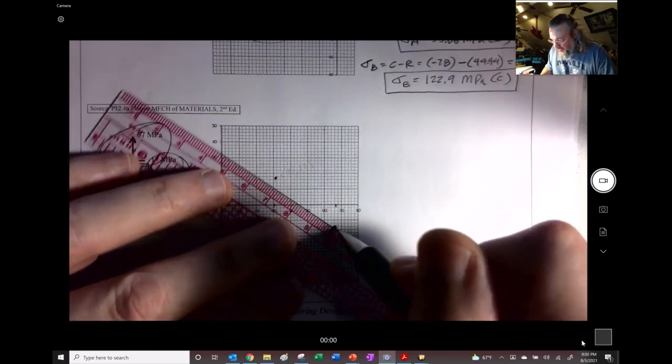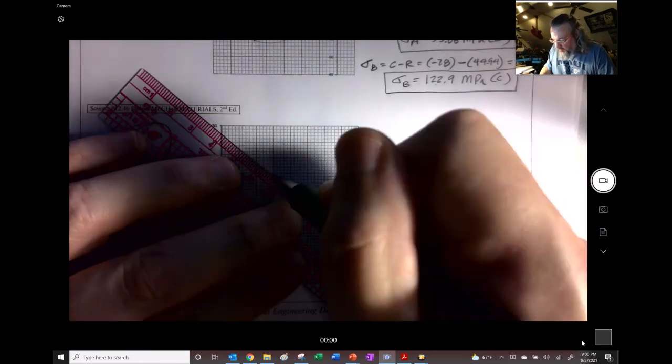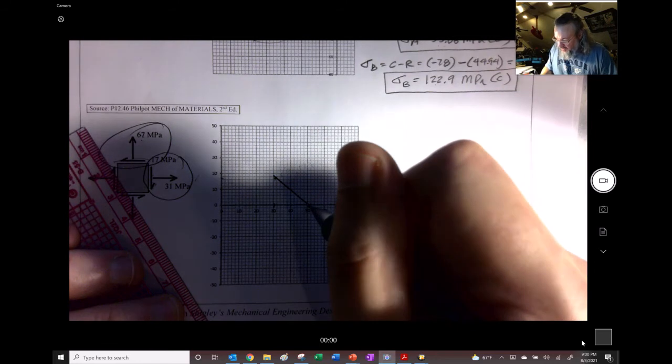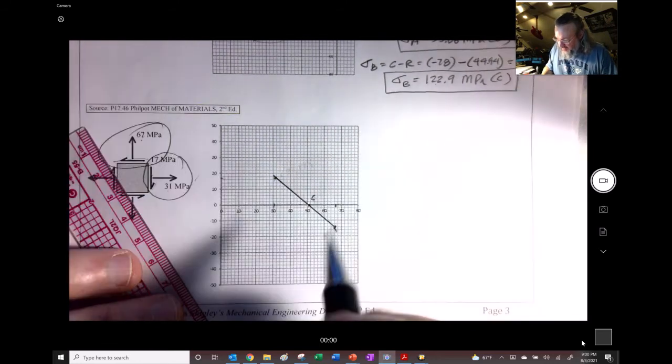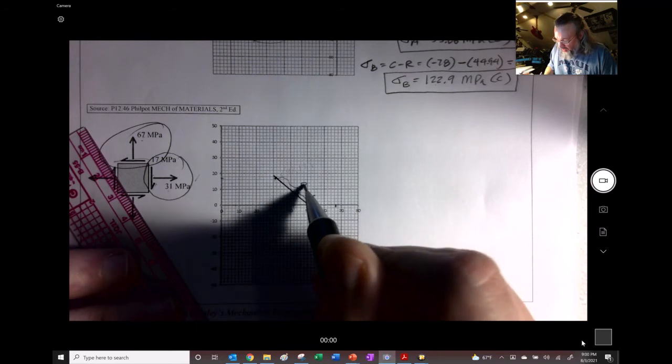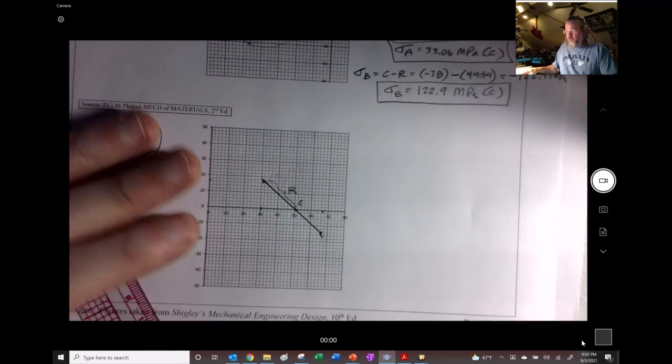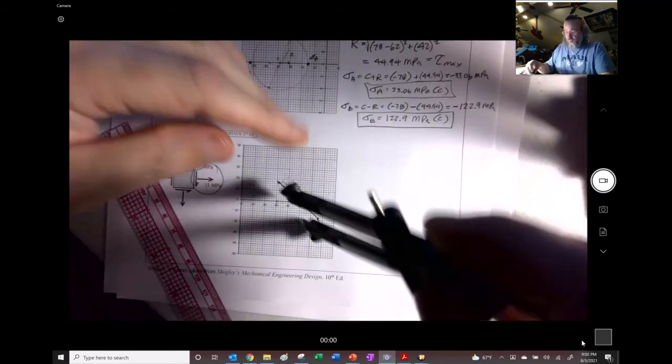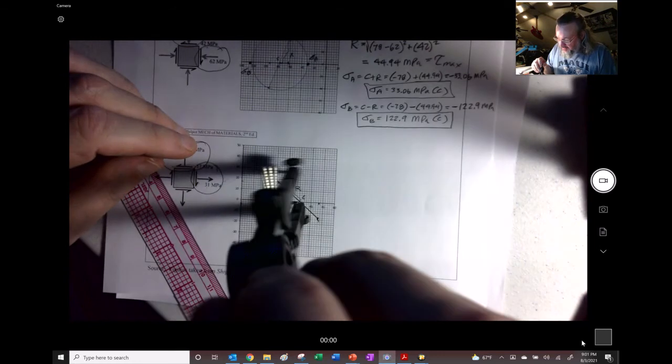So we plot that guy in here. So right there is going to be my C, and I'm going to choose this side for my R. I'm going to draw my circle now. And it's looking pretty lopsided here, so I probably made a pencil lead mistake or a plotting mistake. Yes, I did. That's always aggravating, right?